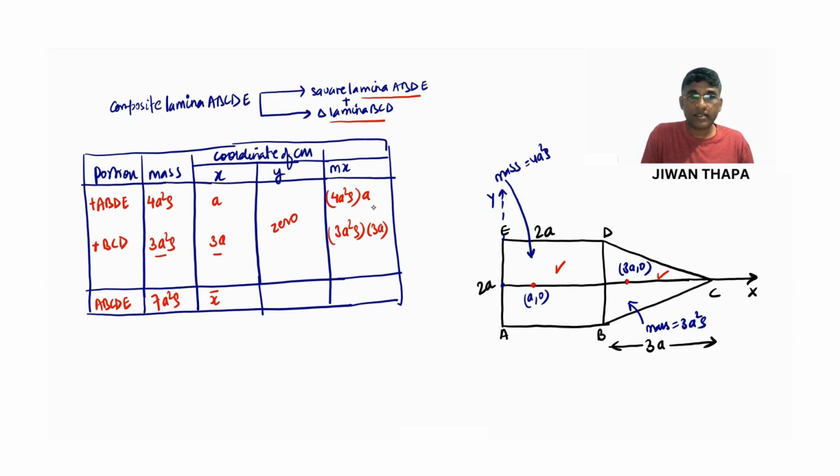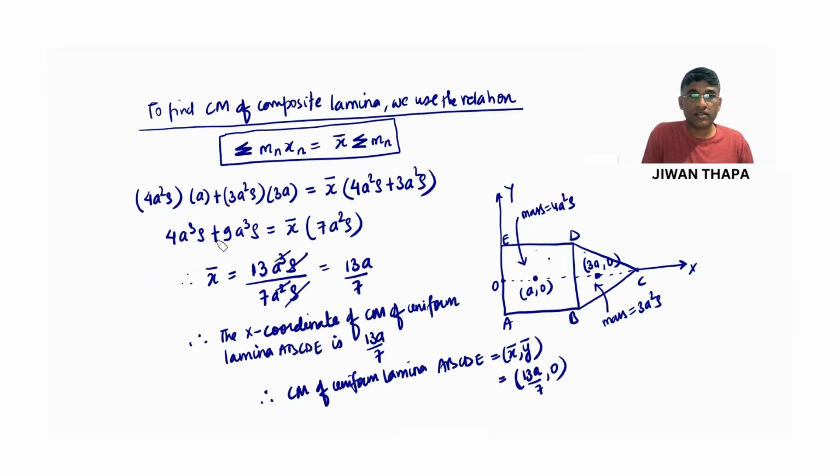And we have used this equation: summation mn xn equals the x coordinate of center of mass times summation mn.